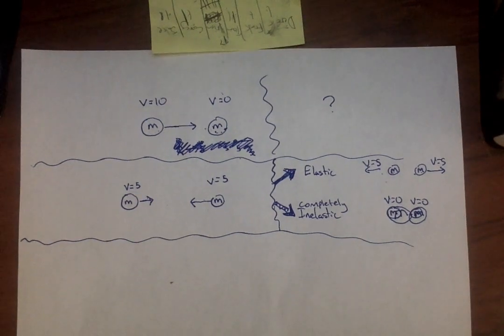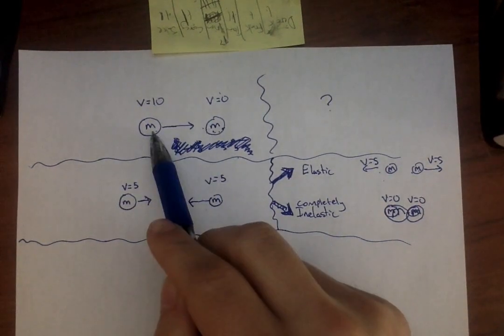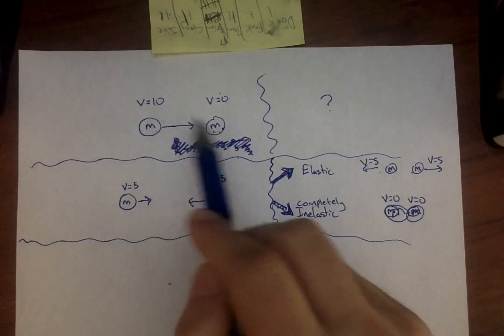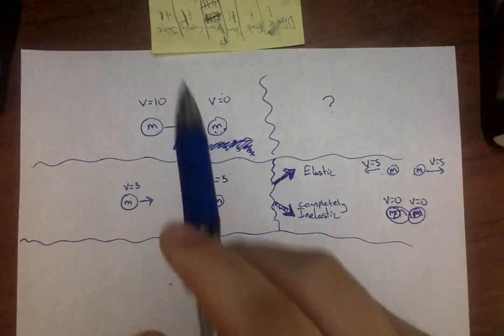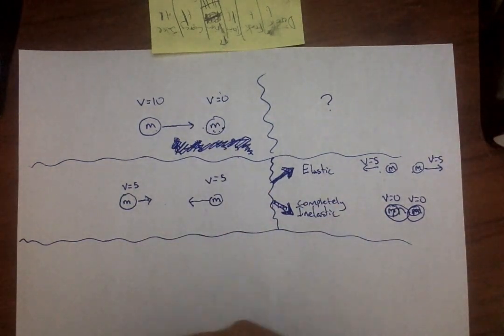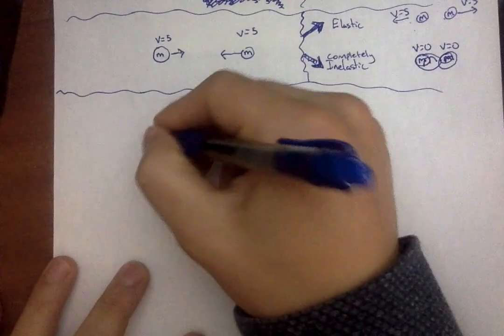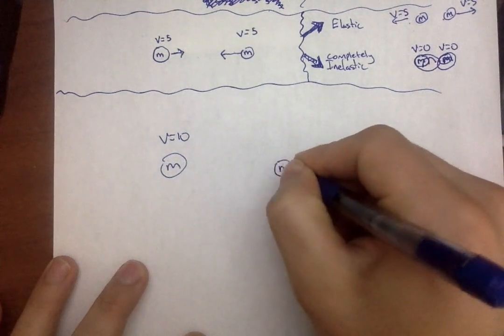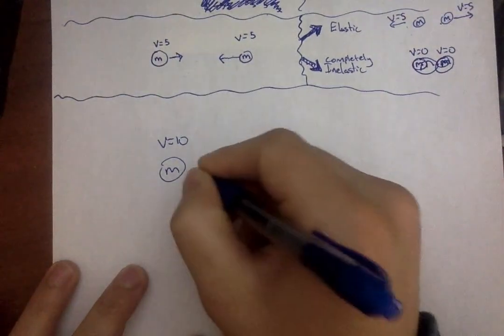Okay, so now that we've talked about that, let's go back to this situation here. This is a situation that we didn't know immediately. It probably wasn't immediately intuitively obvious what the solution is here after the collision. It's not to me. So I'm going to redraw this picture, and what we're going to do now is we're going to use the fact that actually velocities are relative.